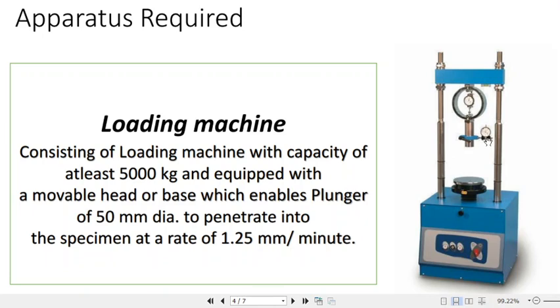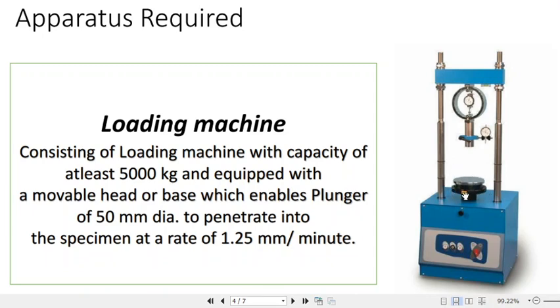One dial gauge, this dial gauge, is required to measure the penetration value, and another dial gauge is attached with the proving ring, and this dial gauge is required to note down the loading value, and this is the frame.